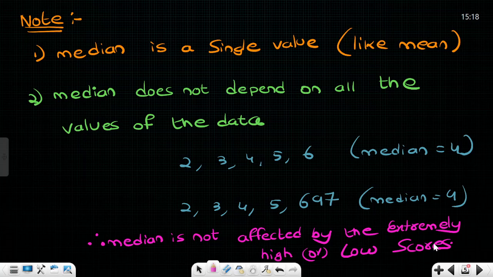The median will always remain that triple century only. Remaining, however he played, he might get a golden duck in all the other matches, it doesn't matter. No, in cricket that is not valid. You should take the average of all the values. Therefore this is the point.